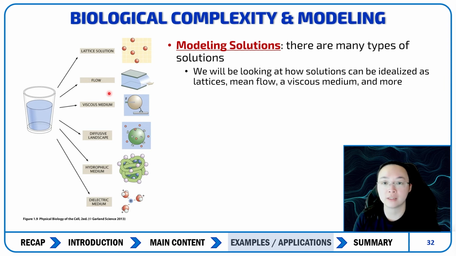So you can calculate the average flow, things like that. You can model solutions as a viscous medium that exerts a drag force on objects that go through it. And this can be tied back to Physics 280 as well when we're talking about blood flow, which is described as a viscous medium.